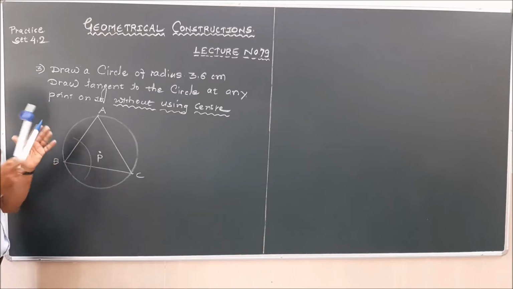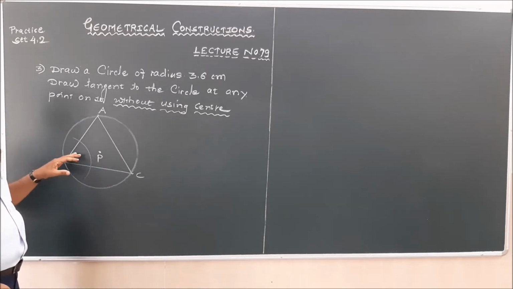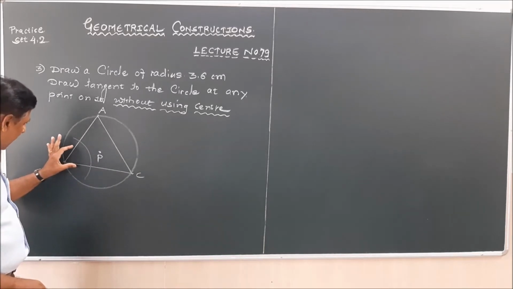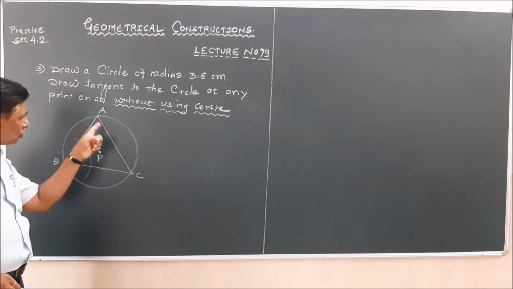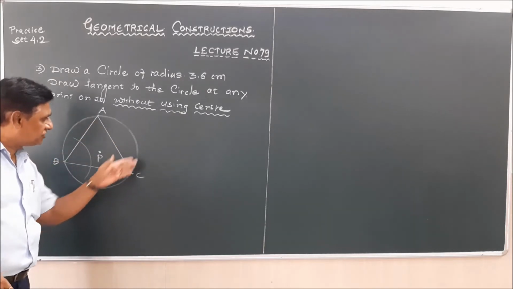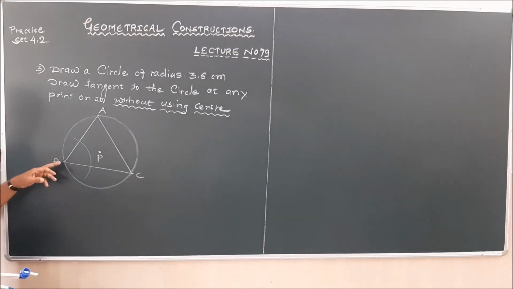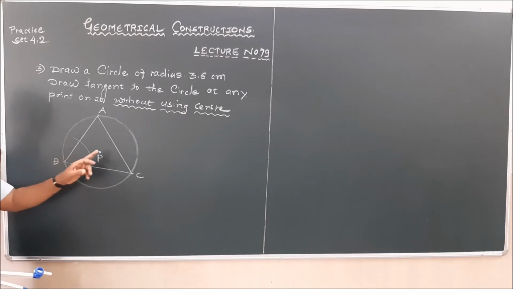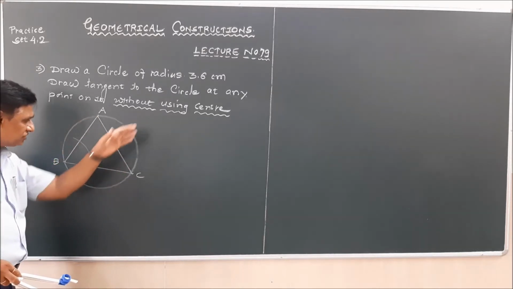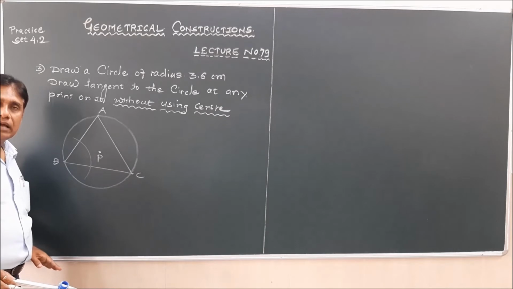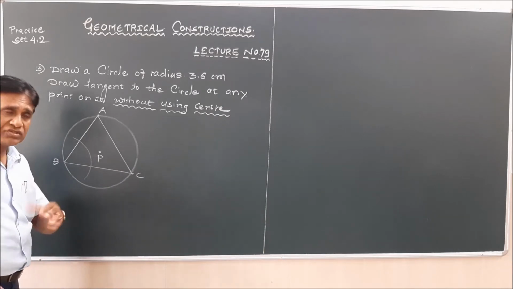This way I have drawn. I am going to construct an angle congruent with angle ABC, with one side along AC and the other side being the tangent. I repeat again: I am going to draw a congruent angle of B at side AC, and the other side is the tangent. Why that is, I'll explain.